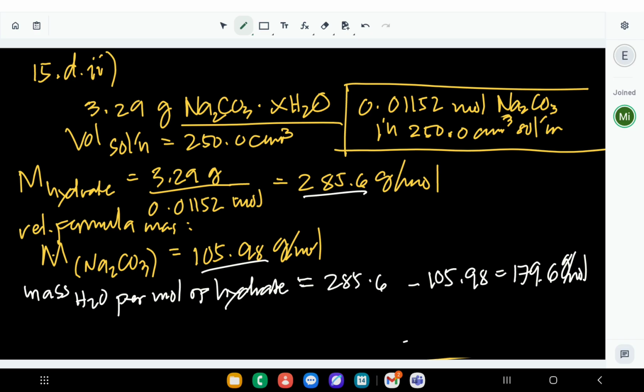Then we get the number of moles of water per formula unit, because we need to get the value of X here. So moles of water, which is X, is just equal to the mass of water per 1 mole of hydrate, which is 179.6 grams per mole, divided by the molar mass of water, 18.02 grams per mole.